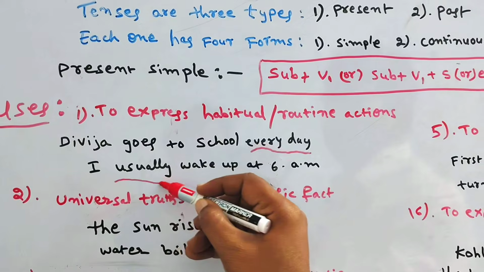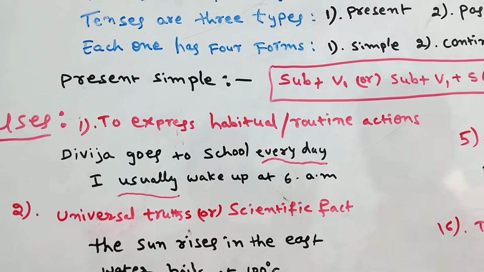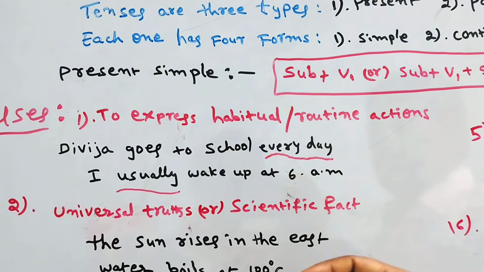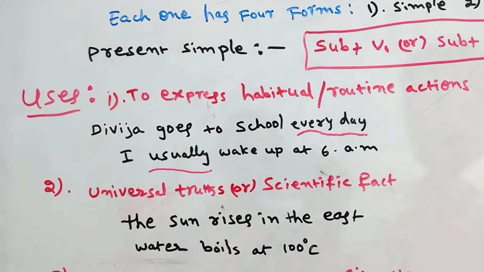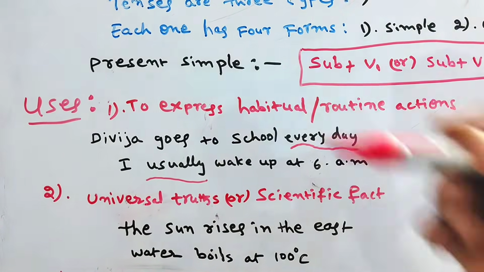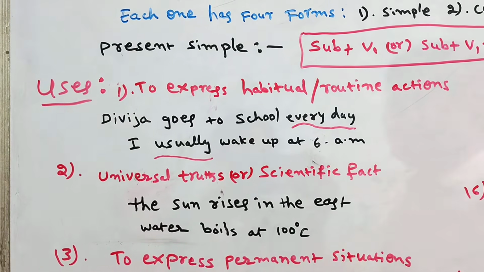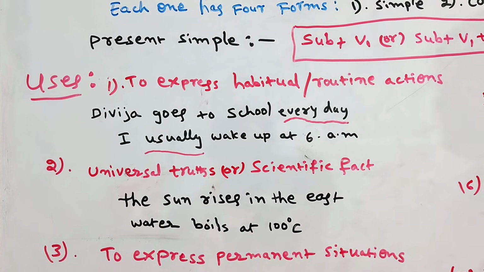I have given you clue words like every day, once, twice, usually, generally, frequently. These are the common clue words for identifying simple present tense. Those words tell us it is a repeated, habitual action. So that is the first usage.